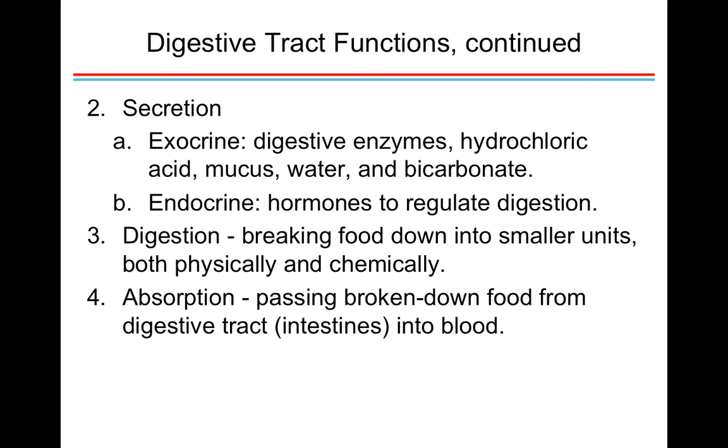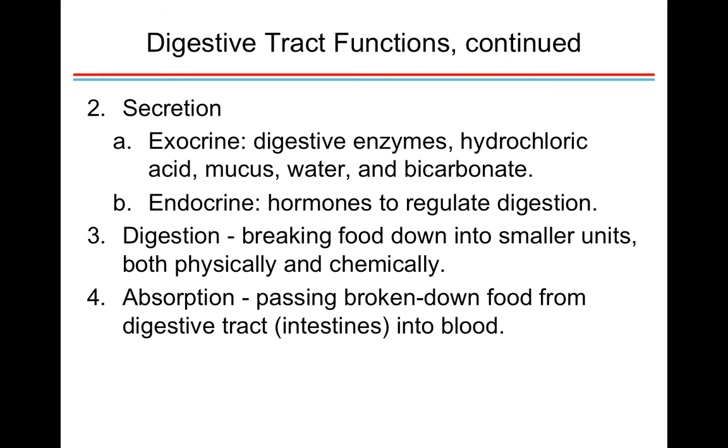The next function is secretion, and we have exocrine functions, which include digestive enzymes, hydrochloric acid, mucus, water, and bicarbonate. And we have endocrine functions, which include hormones to regulate digestion.